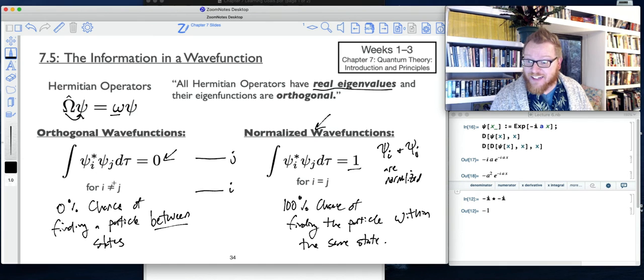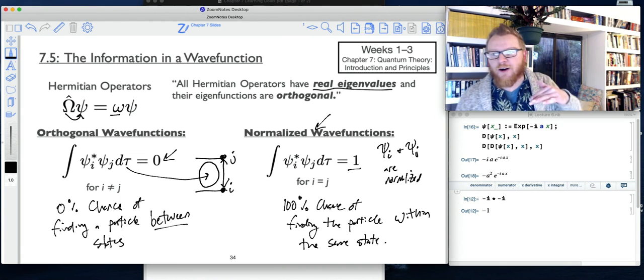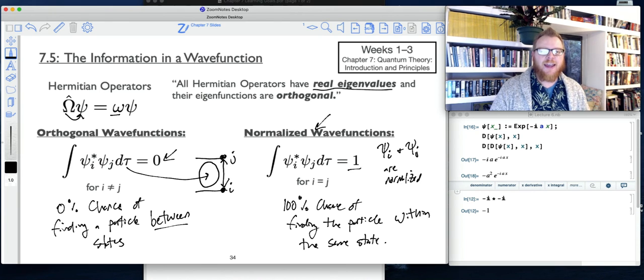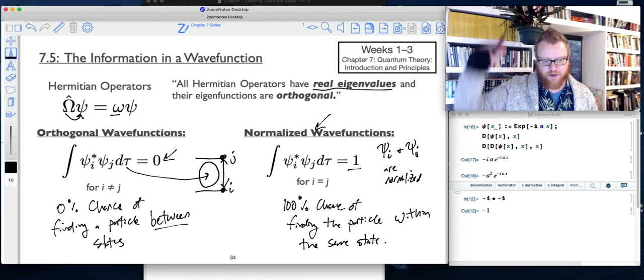But what this orthogonality means is there's 0% chance that I find the particle somewhere between those two states. In other words, it has to be either here or here, not in limbo somewhere between, okay? And this is one of the origins of quantization in quantum mechanics. We can't find the particle between states. It's either going to be in state i or in state j.